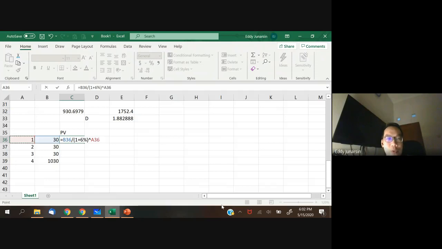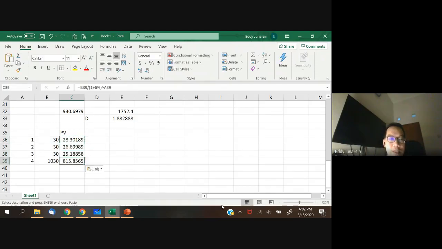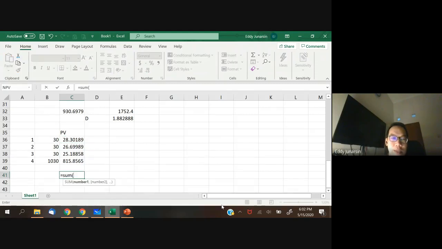So 12 per 2. Okay, make a copy and paste. Then we'll get the denominator.